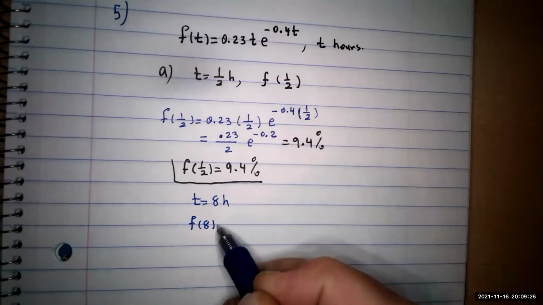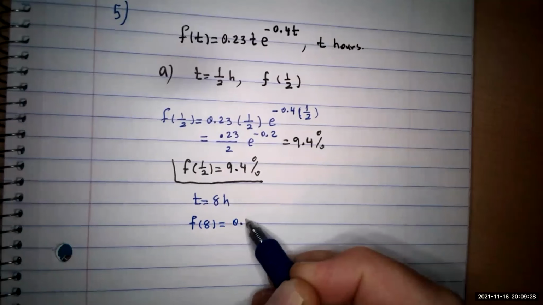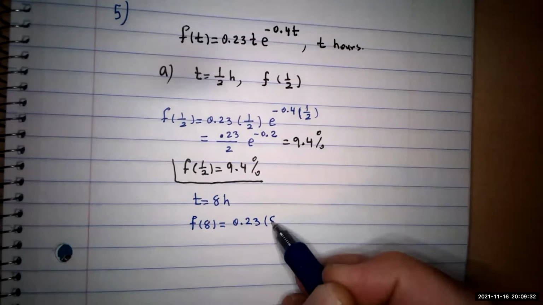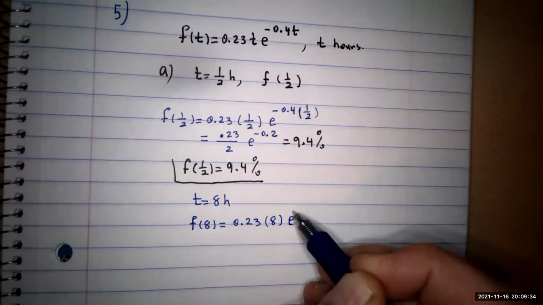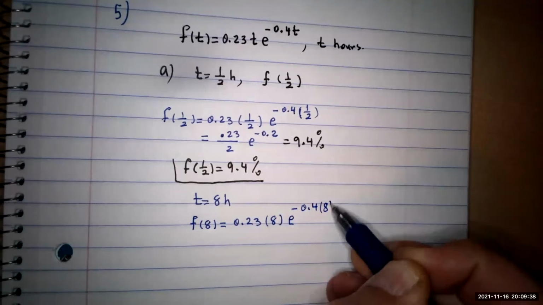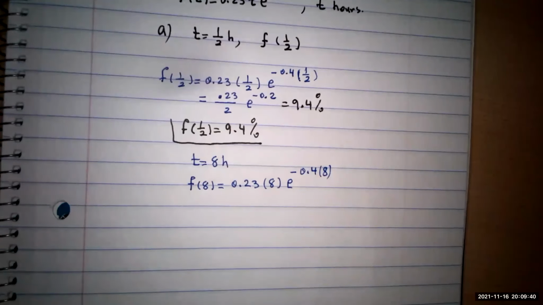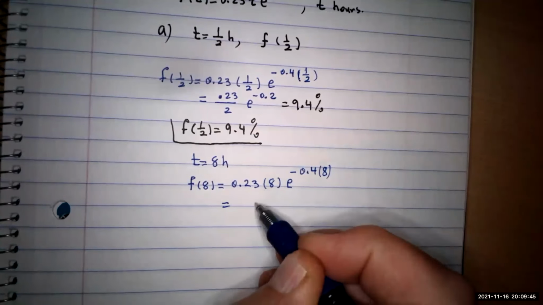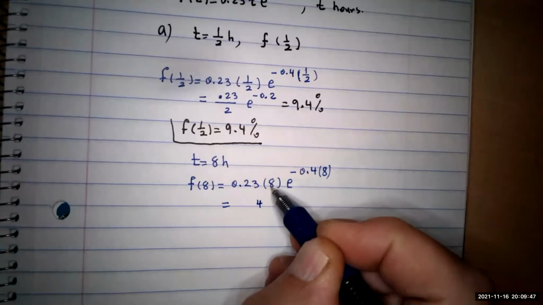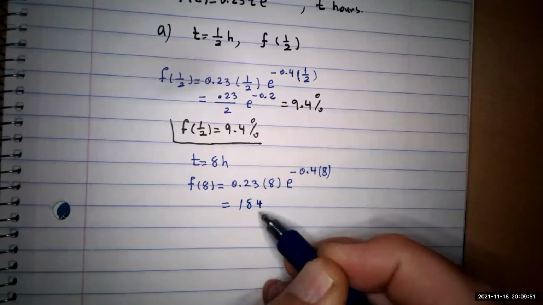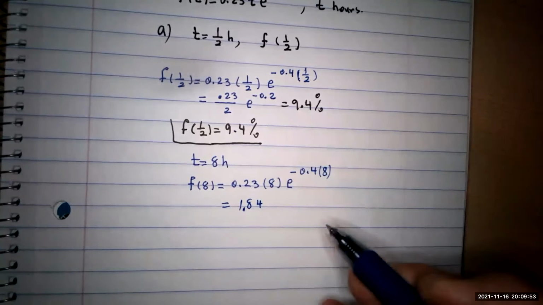So f of 8 is equal to 0.23 times 8 e to the negative 0.4 times 8. Let's separate a little bit. 8 times 0.23 is 1.84.